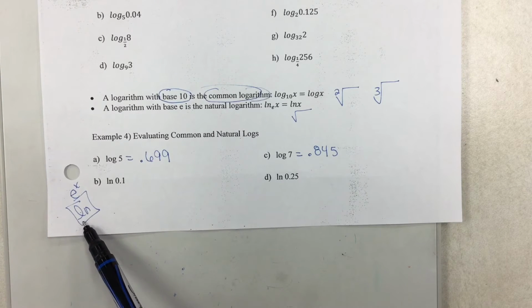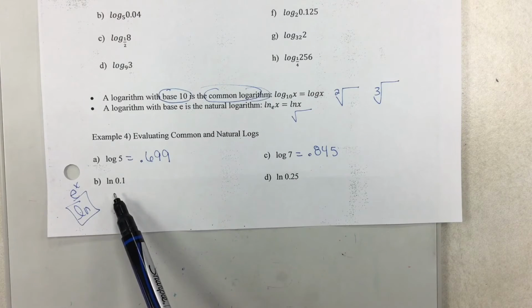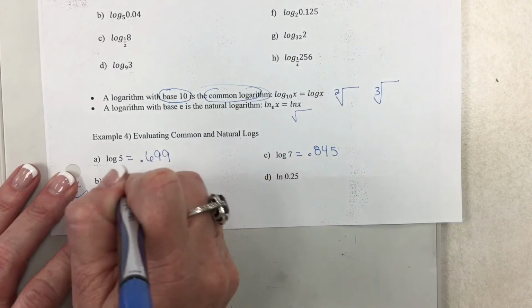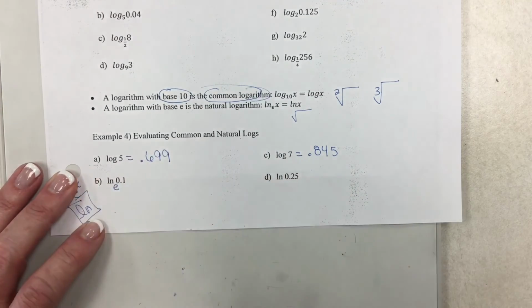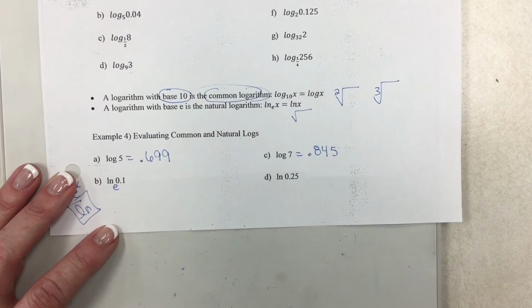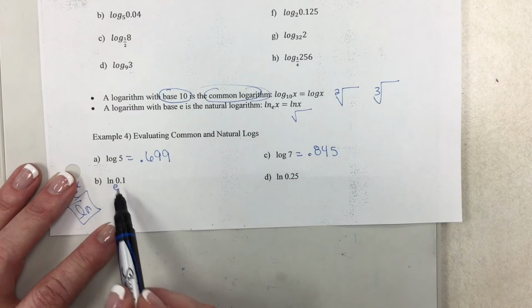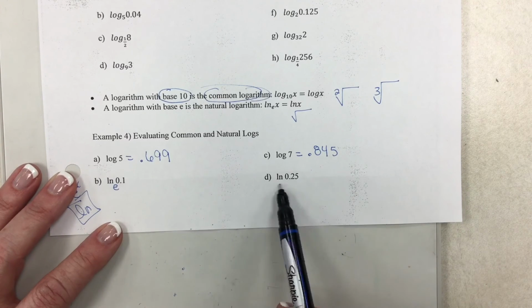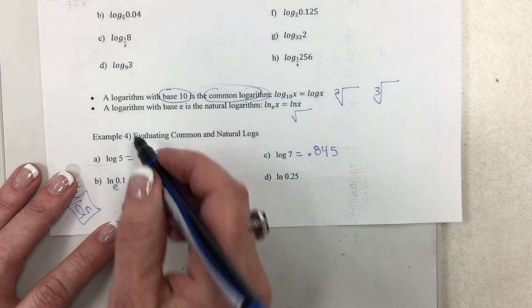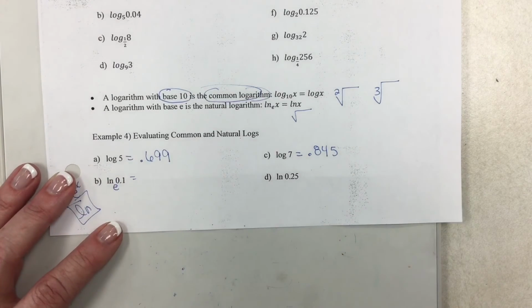Natural log also has an assumed base of e. The number e. Only in math do we have numbers as e. But it has a base of e. We're going to treat just natural log without a base as well, like what we did with the logarithm.